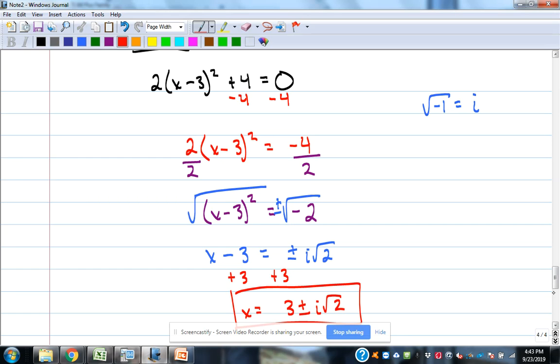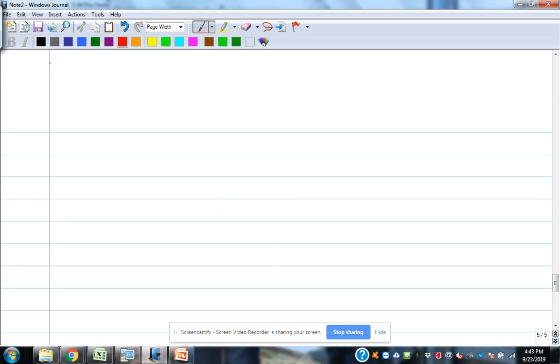All right, let's talk about this last form. I told you there was another form that was better for x-intercepts. This form is the one. This last form that we talk about with quadratics is what's called intercept form. A lot of times you'll catch me calling it factored form.